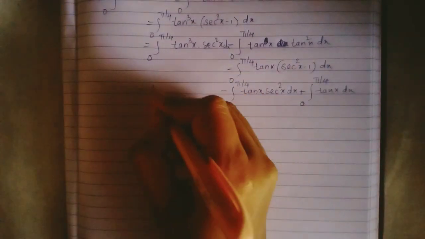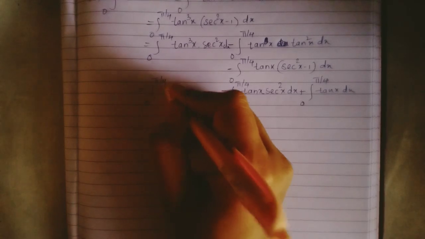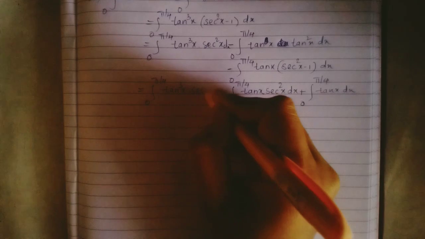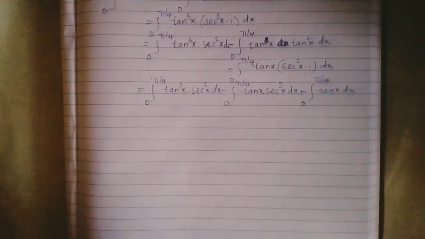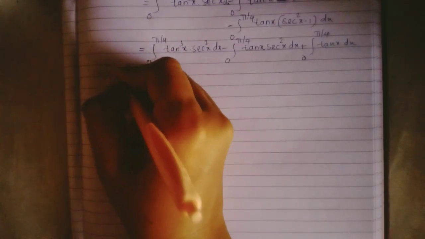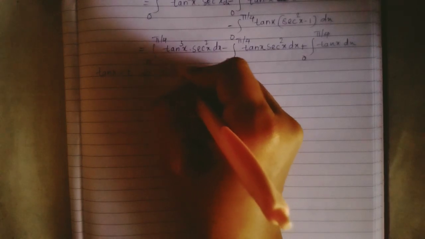And we have here our term tan cube x into sec square x dx. Now you can substitute tan x as t, sec square x dx as dt.